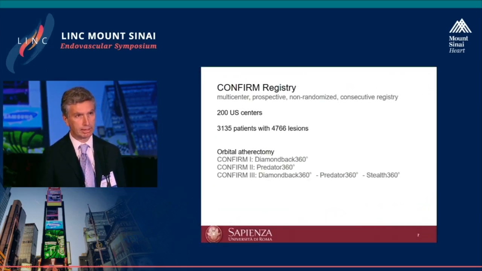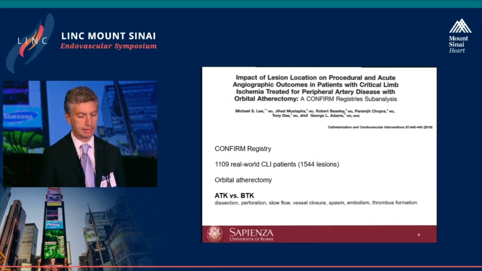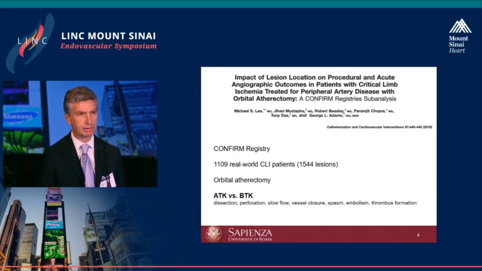If we go to the literature, there are several experiences regarding different types of devices. This is the CONFIRM registry. It is a huge study conducted in more than 200 centers in the US, with more than 3,000 patients using orbital atherectomy. A sub-analysis evaluated the outcome in lesions above and below the knee in terms of dissection, perforation, flow, vessel closure, spasm, embolism, and thrombus.